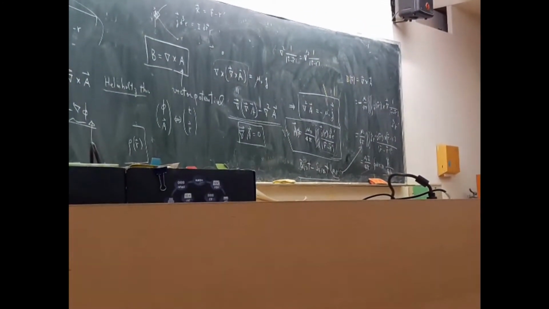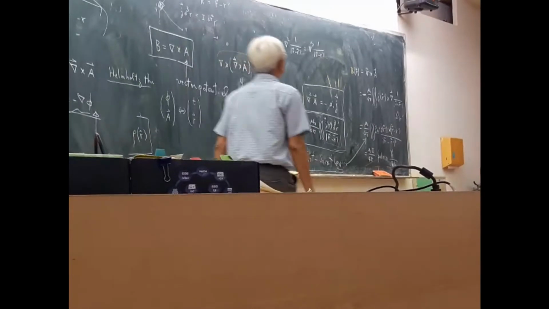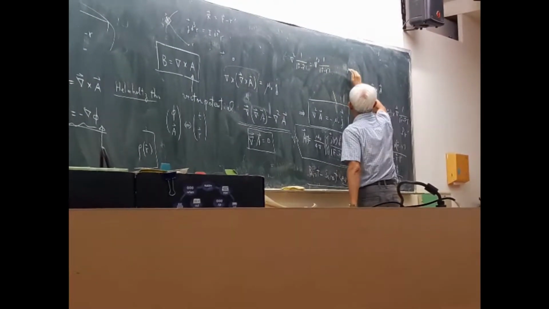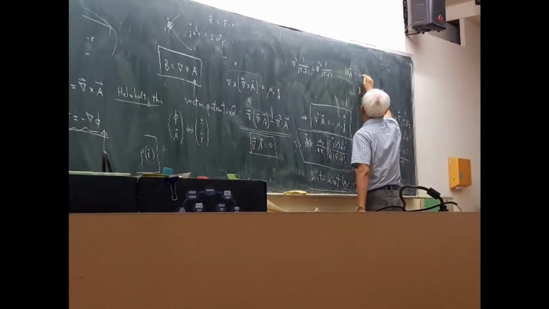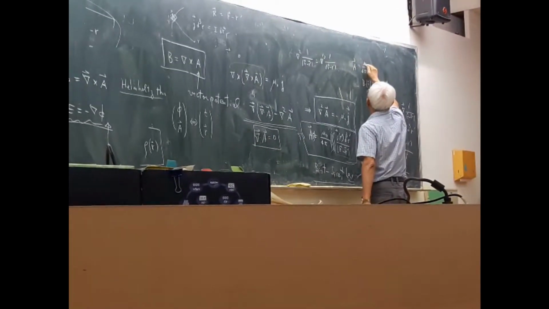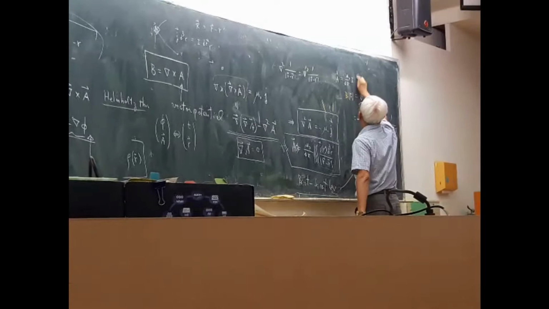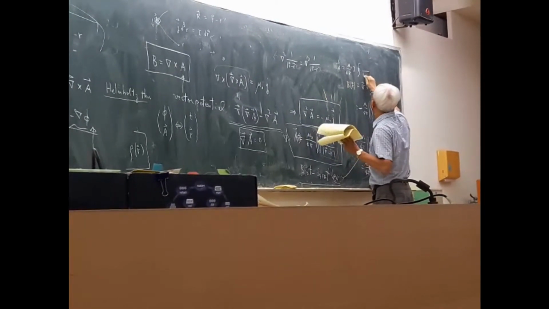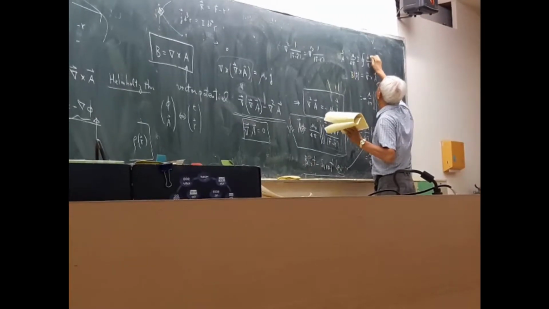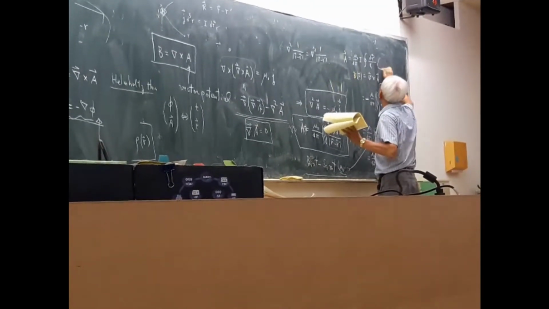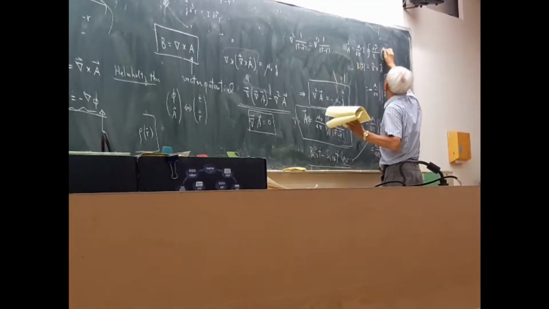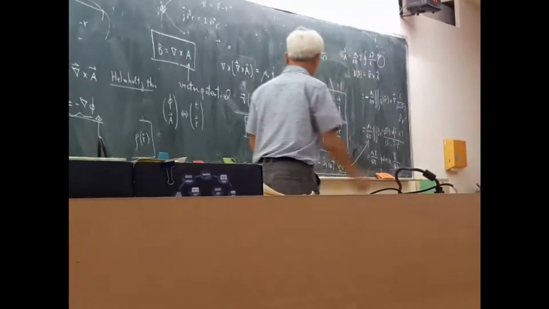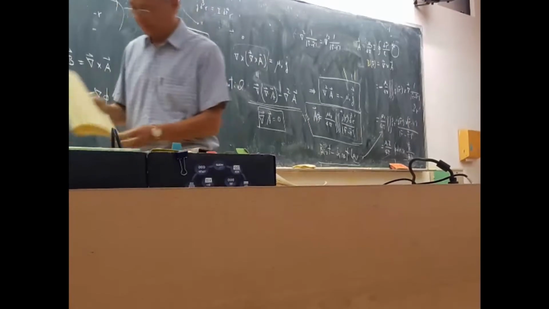And you can write the vector potential as A equals mu 0 over 4 pi, integral of J over R dr prime. Current, Biot-Savart law.